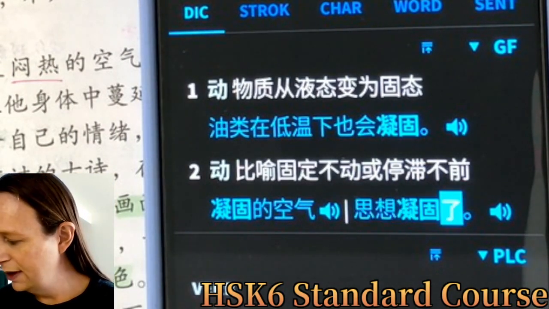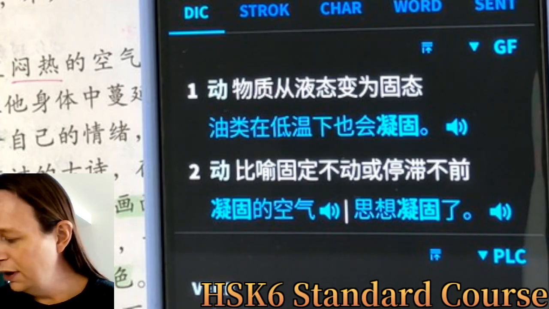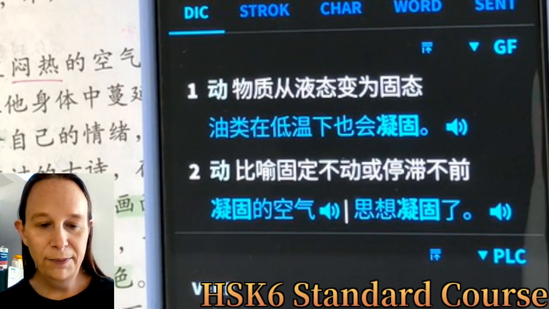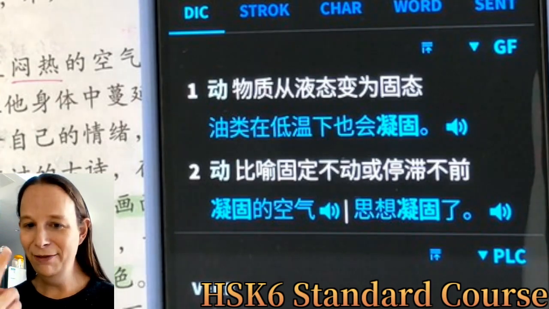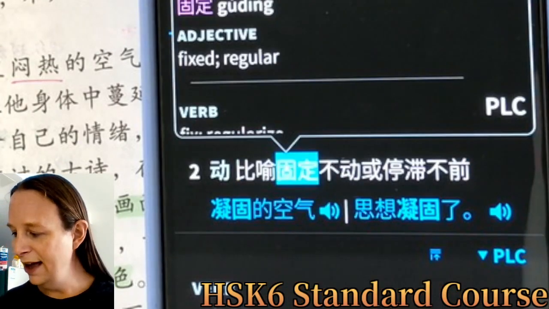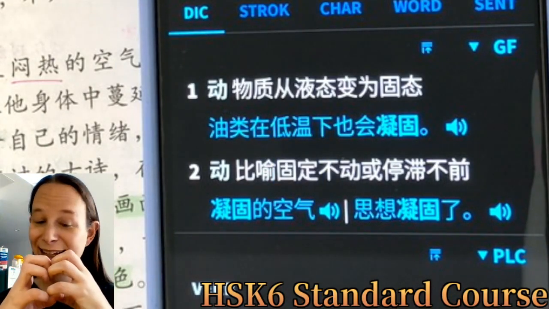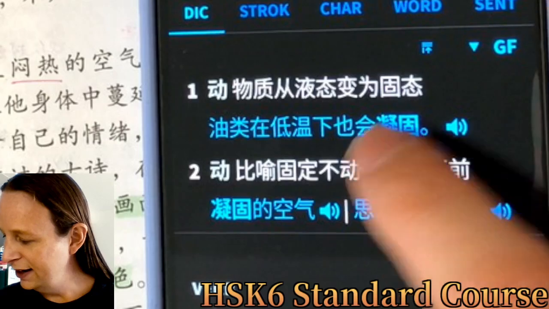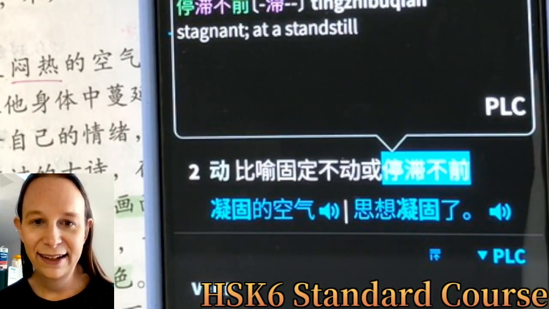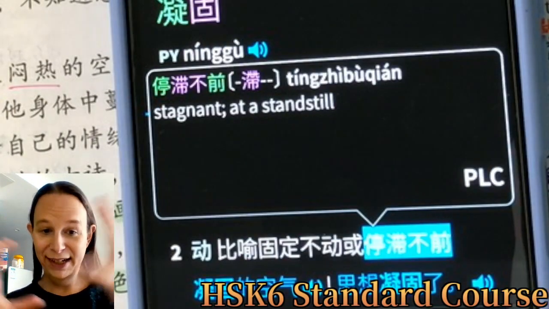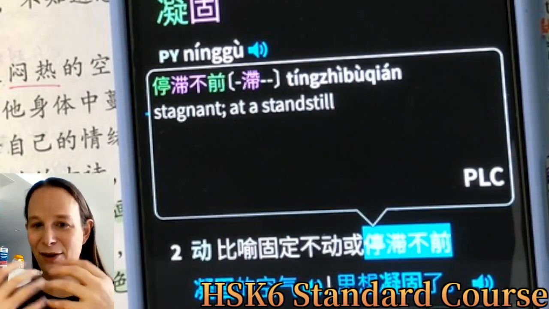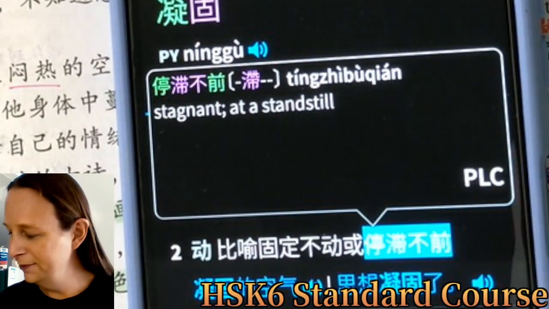There's a 比喻固定不动或停滞不前. Got it? There's 2 different types of metaphors there. This one, 固定不动, it's like this: it's not changing, it's not moving. And this one, 停滞不前. The situation is this: it's not changing, it's not moving, we're not going to make progress.